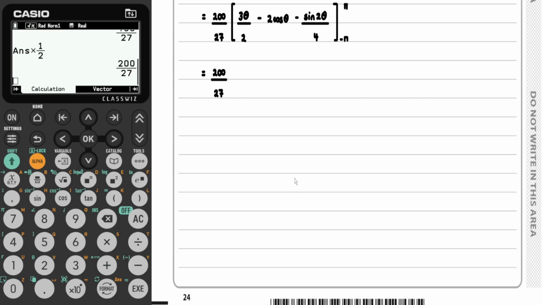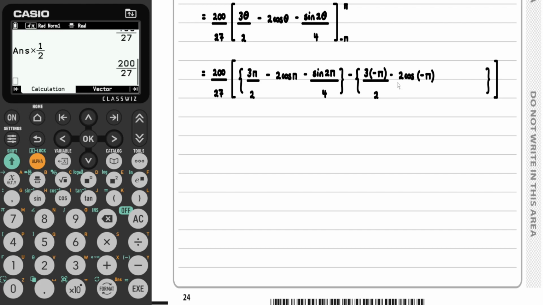So I've got 200 over 27 as a common factor, and then for the upper limit I've got 3 pi over 2, subtract 2 cos pi, subtract sine 2 pi over 4, and I subtract from this the lower limit, which is 3 times negative pi over 2, subtract 2 cos of negative pi, subtract the sine of negative 2 pi over 4. So let's work this out on our calculator.